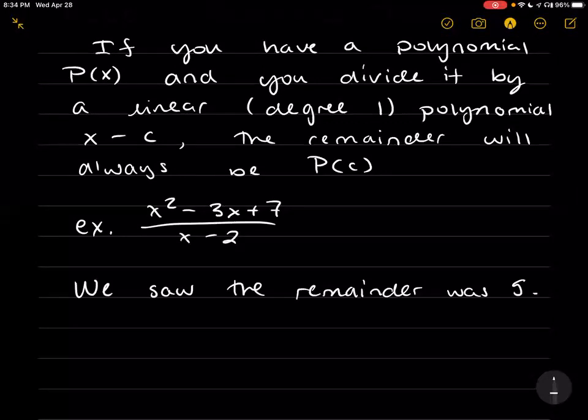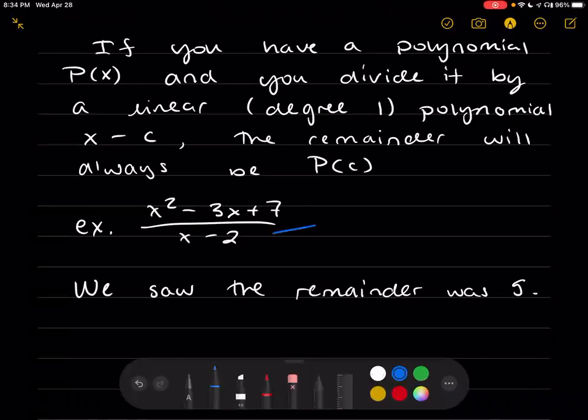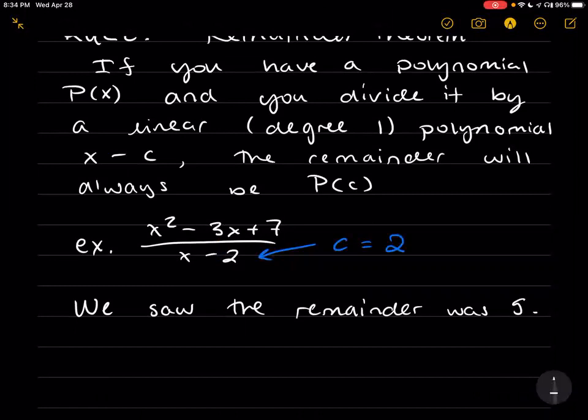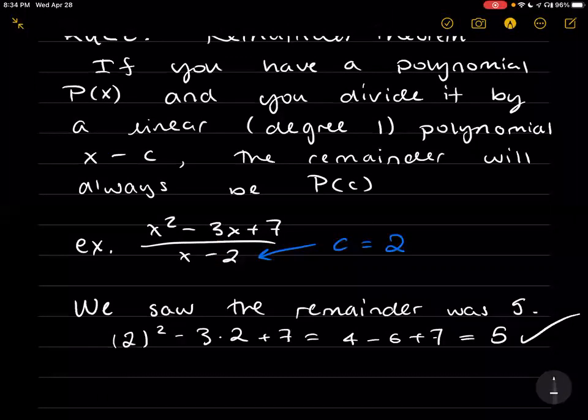Here, our c is 2. Note that there's a negative sign there, so it's just going to be 2. If we plug in 2 to the top thing, we have 2 squared minus 3 times 2 plus 7. That's going to be 4 minus 6 plus 7, and oh, look at that, it's 5. Aha, it works. So this is a pretty cool little trick.